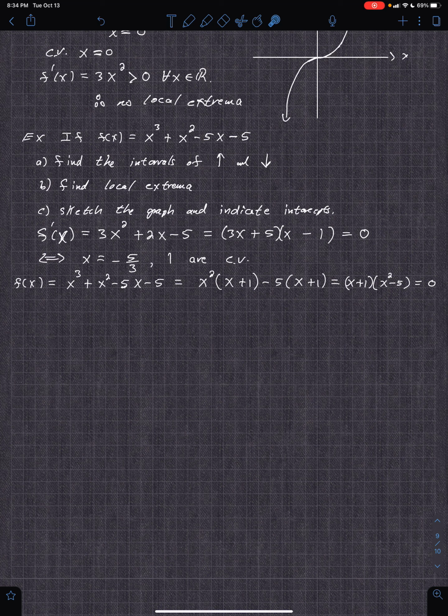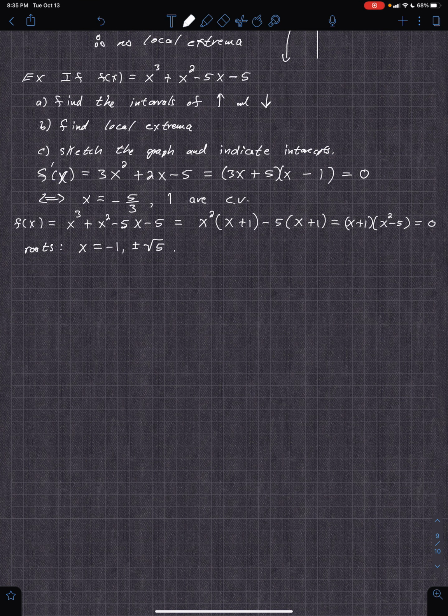Although it does make it 0, but we're looking at real numbers that make the function 0. We ignore the imaginary cases, but these aren't imaginary. Okay, so our roots, intercepts are negative 1 and plus or minus root 5. All right, so that will just plot on the graph when we graph it.